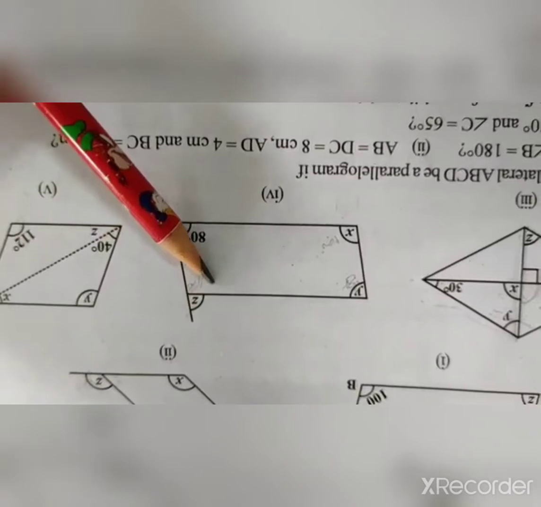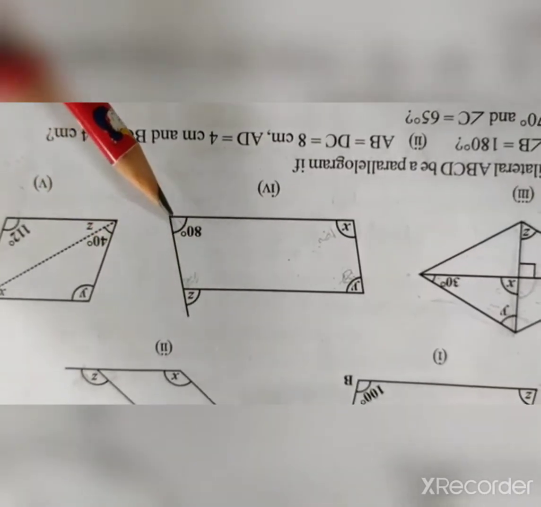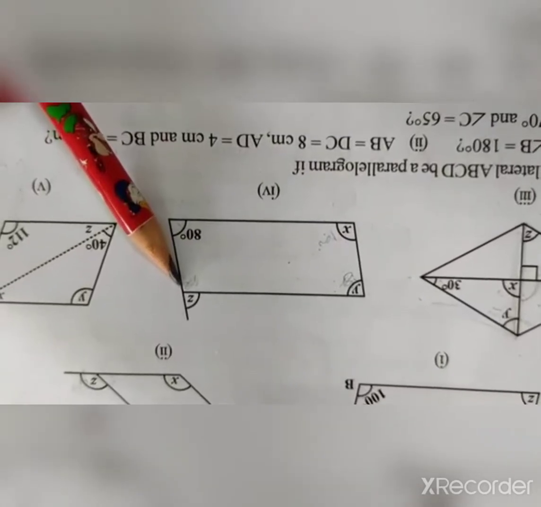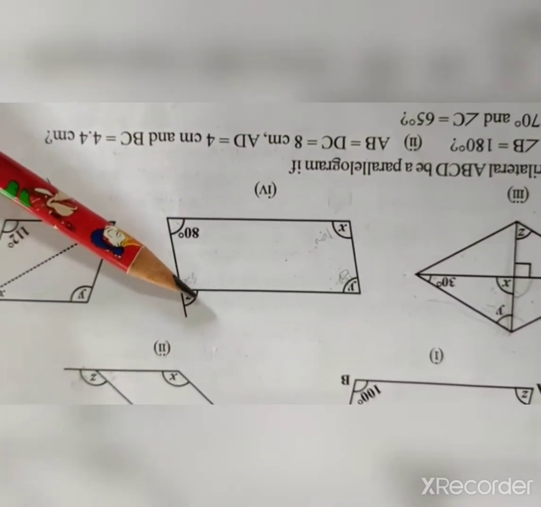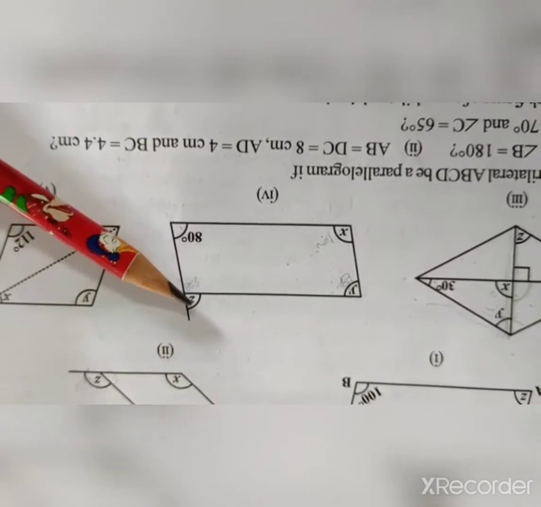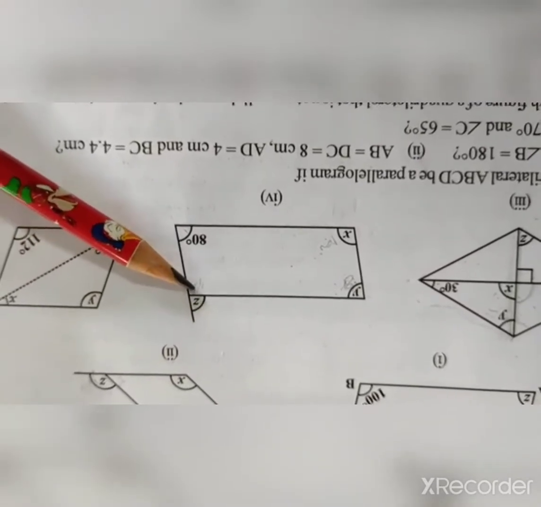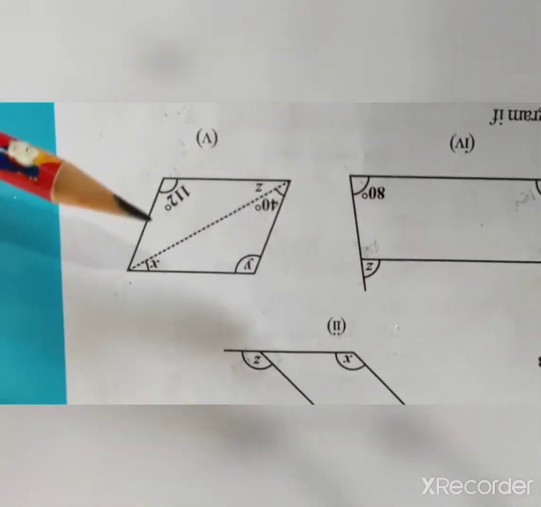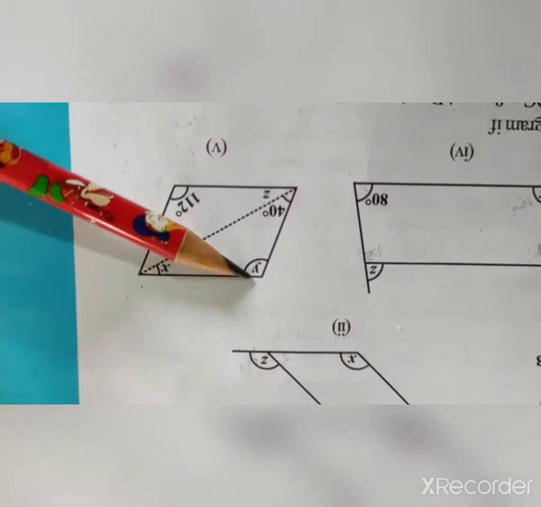You can see here a linear pair. One line is there and this is the line. So in the linear pair, from 180 degrees you subtract this angle, and you will get the value of z. Now in the fifth question, opposite angles are equal.